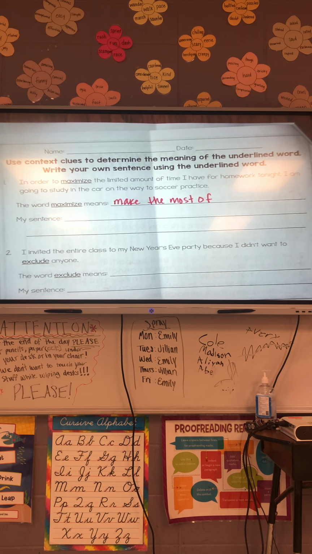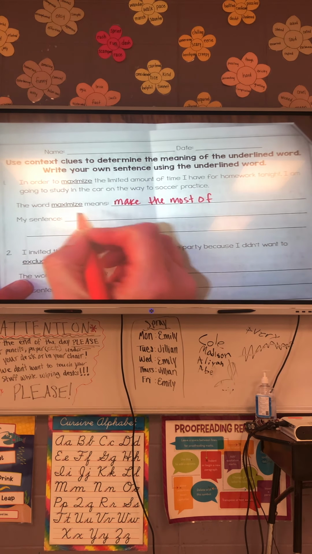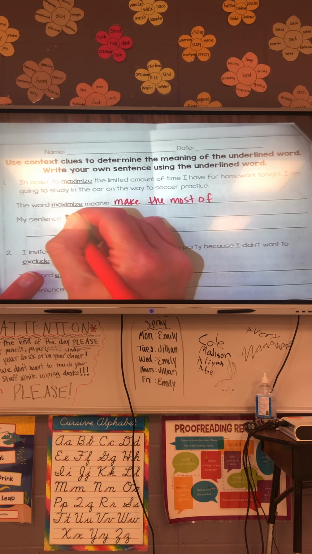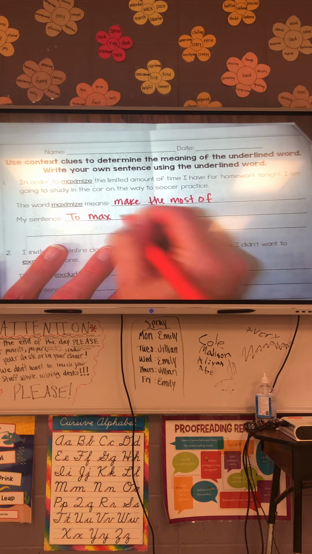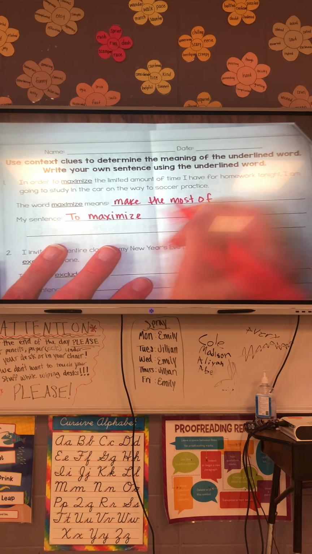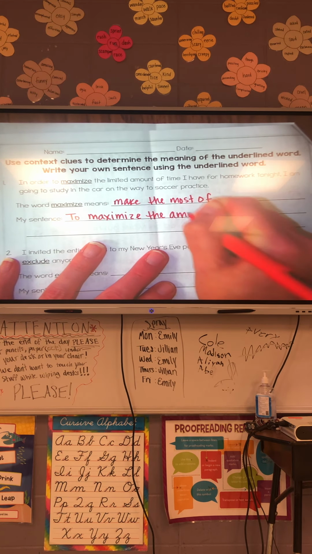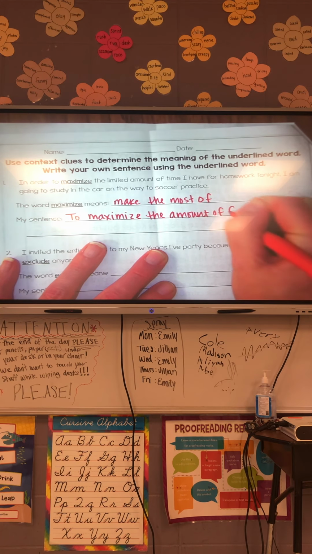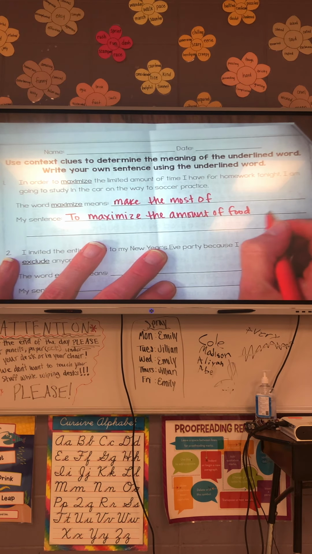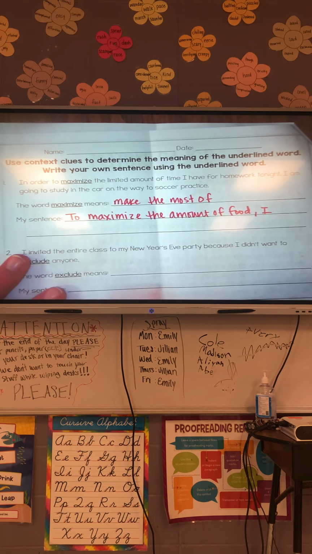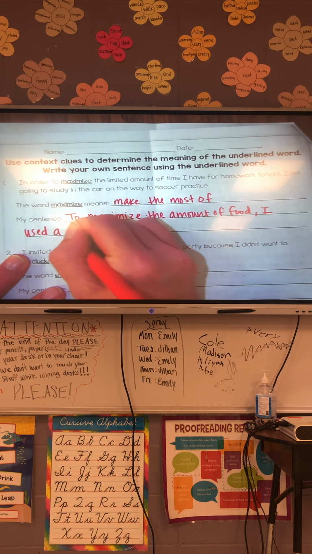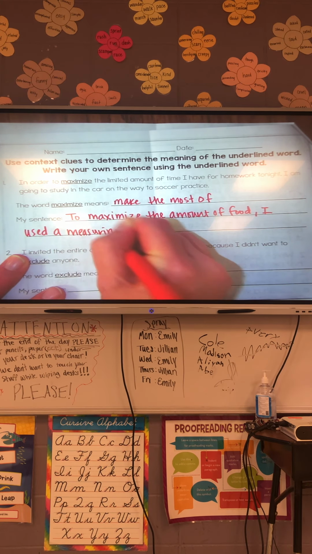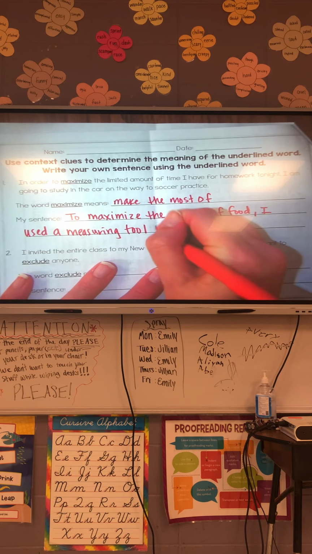So I would say, to maximize the amount of food, comma, because that's a prepositional phrase, I used a measuring tool to serve the food.